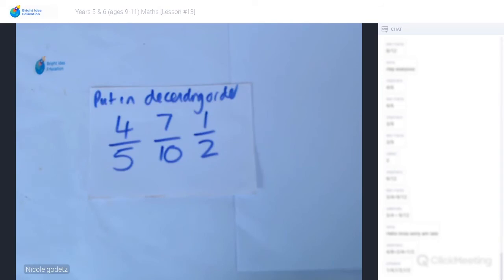You could make them all a common denominator, or you could just look at 2 and know which side of a half they sit at. You already know which side 7/10 is going to sit at with a half, because you know that 5/10 is a half. 4/10 is over a half. So you just need to work out which is bigger, 7/10 or 4/5.